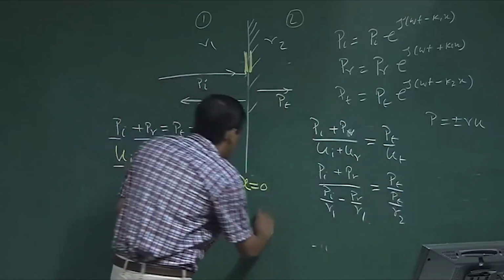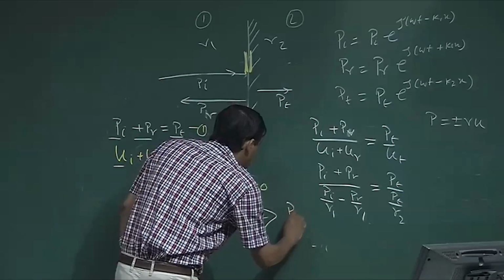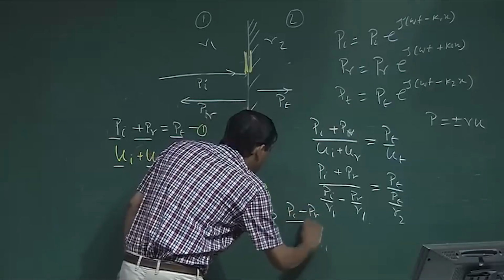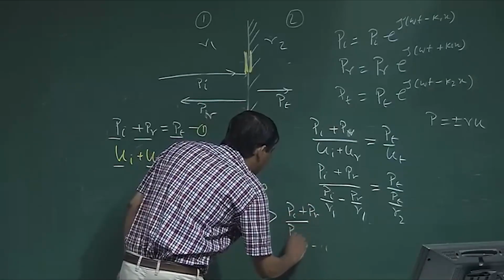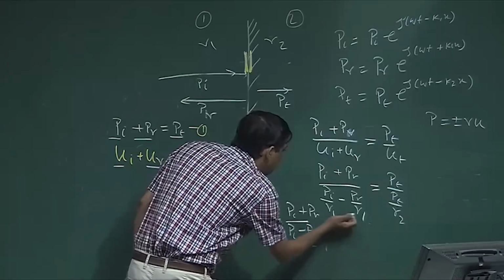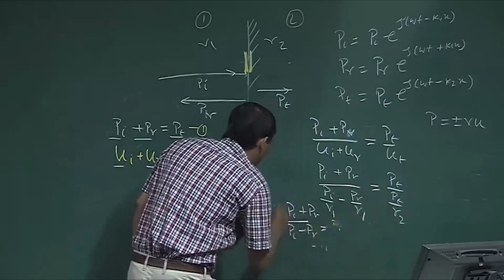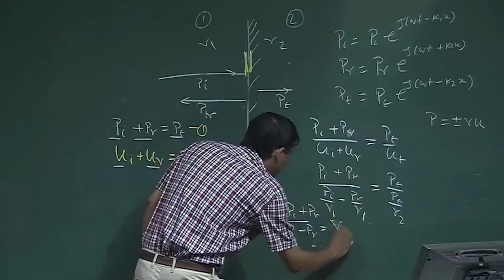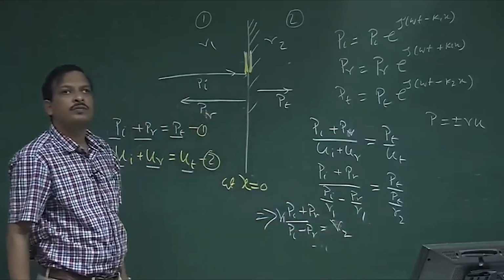Okay. So, I can write from there that Pi minus PR divided by Pi plus PR is equal to R1 by R2.